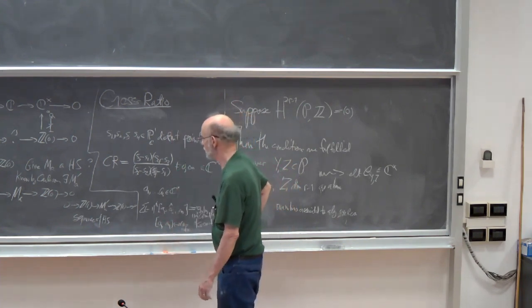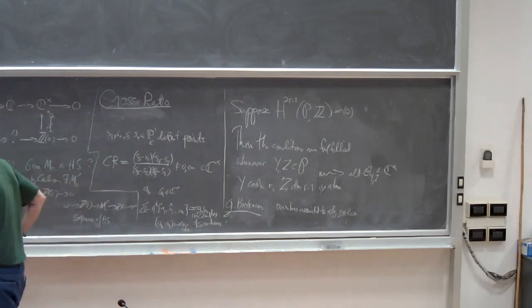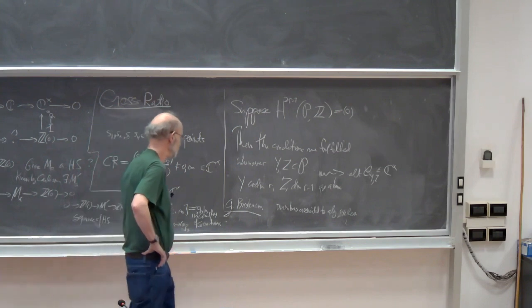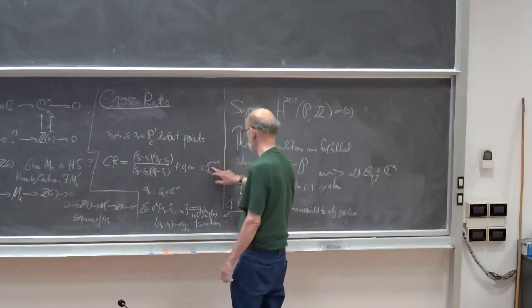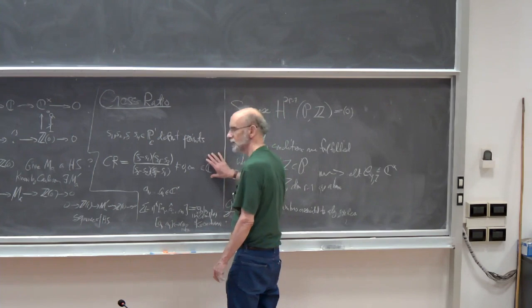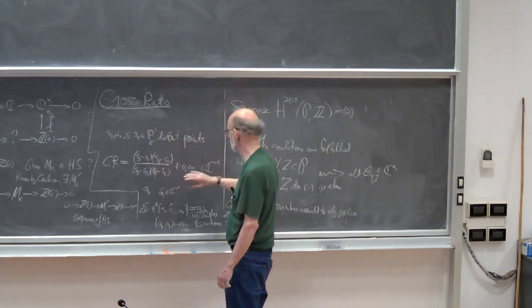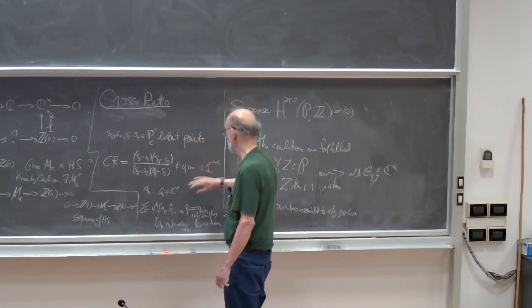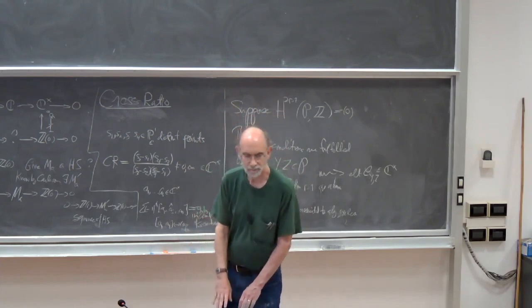Right. I could say more, but I think that's kind of enough. In general, one should think of these points not as being in C star, but as being points of a torus, depending upon the situation, the dimension of the torus. And you can formulate a more general setup in those terms. But I think this is enough to give an idea. Okay.